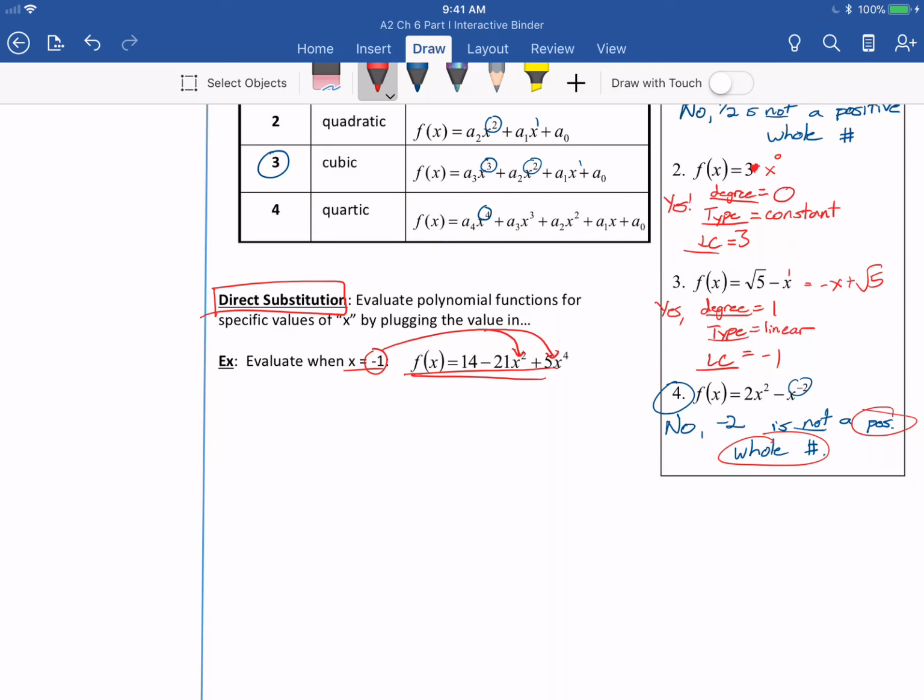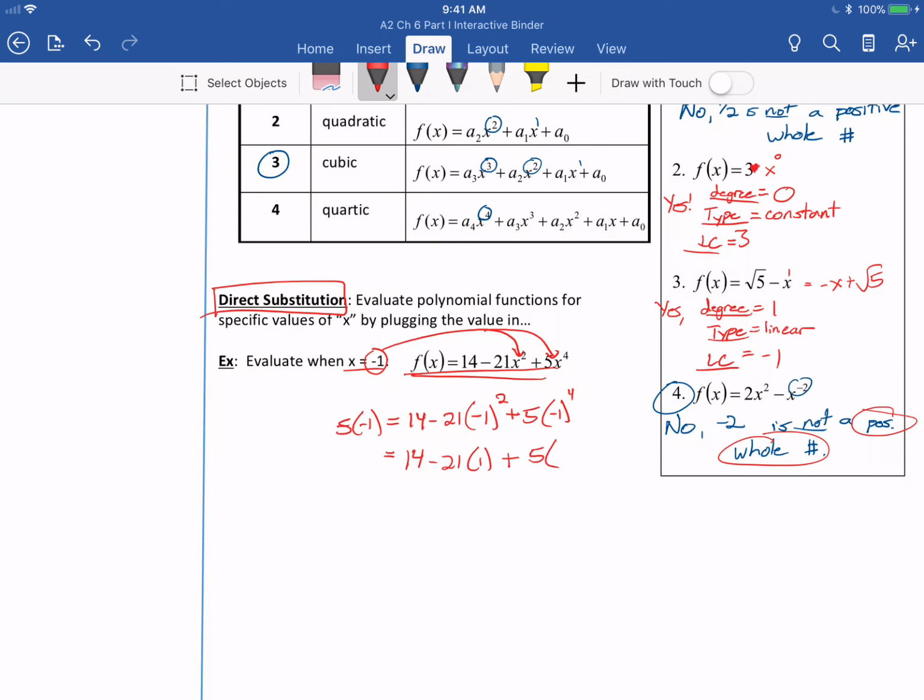That's nothing too crazy, but you've got to be careful with these exponents. So f of negative 1, remember that notation, is equal to 14 minus 21, and instead of writing x, I'm going to write negative 1 squared plus 5 times negative 1 to the 4th. Now let's figure this out. 14 doesn't change. Negative 1 to the 2nd power is positive 1, so 21 times 1.